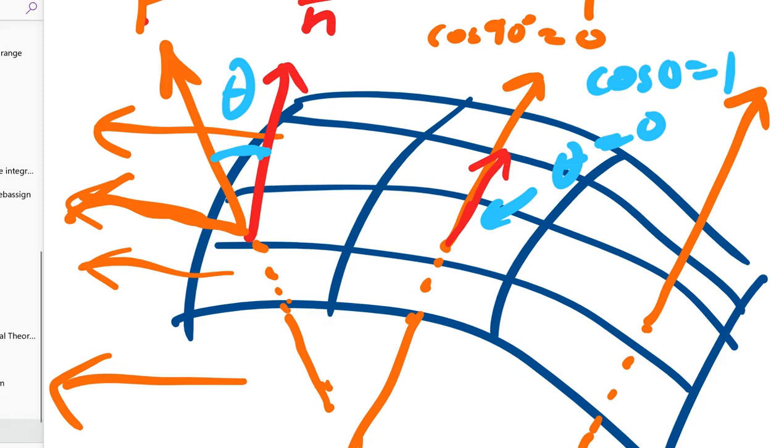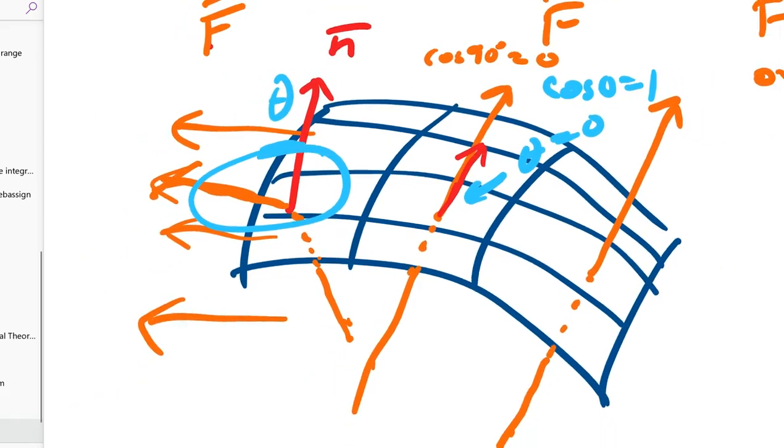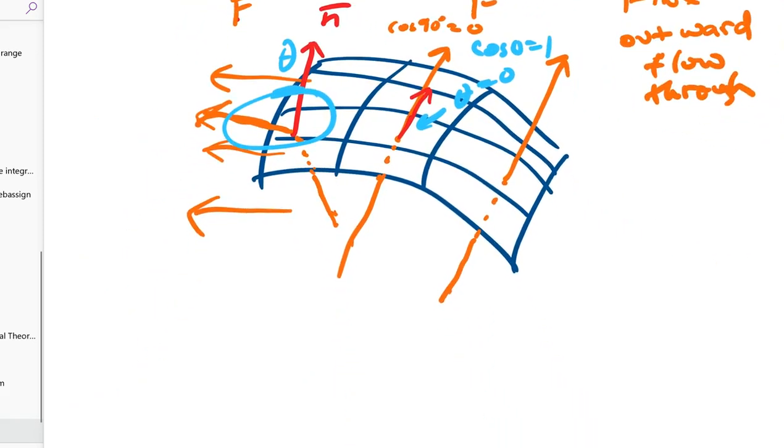So the most flow through this permeable surface will be whenever the vectors are along the same lines and theta is 0. The least amount is this scenario here. I'm sorry, not this vector, but that vector there, where theta is 90 degrees. So this brings up the dot product.